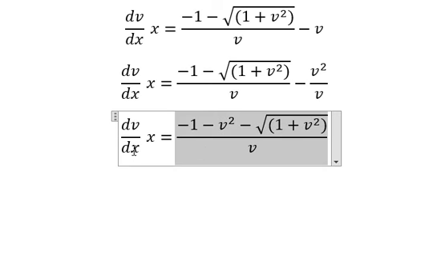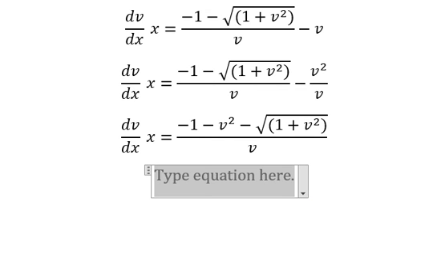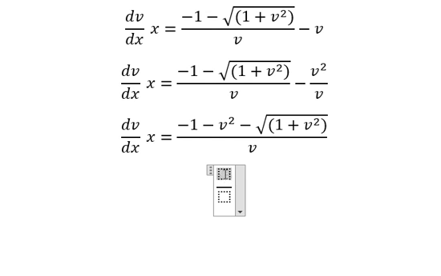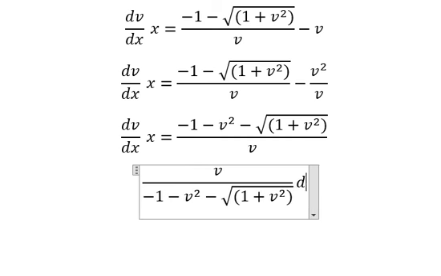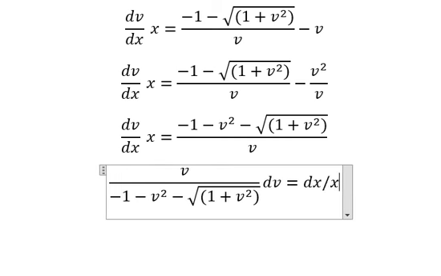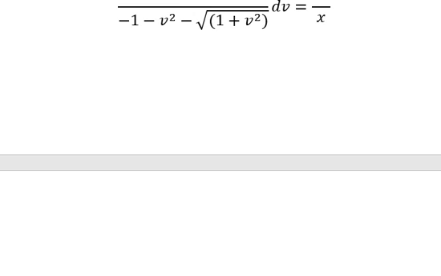This one we put on the left, the x and dx we put on the right. So we will have v over negative 1, negative v squared, and negative of this one in here. Next, we put the integration for both sides.